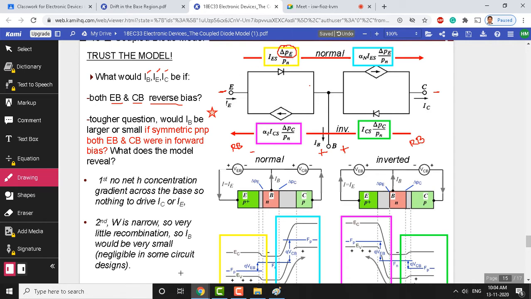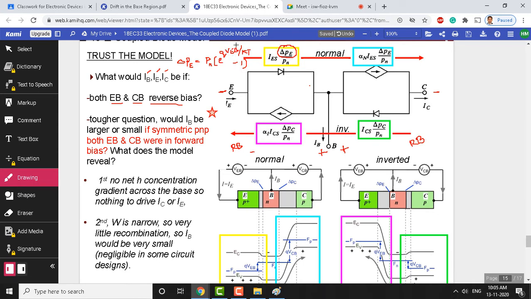Anybody can tell me the terms related to delta P? Just now we spoke about this. Delta P is nothing but Pn times e to the power of q VB by kT, minus 1. Look at this delta P equation.